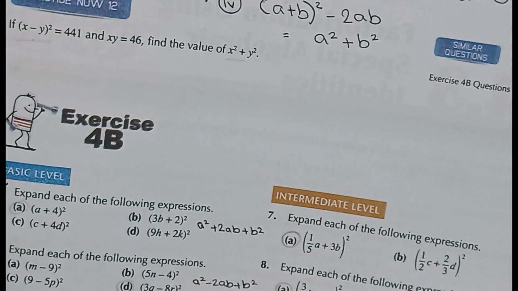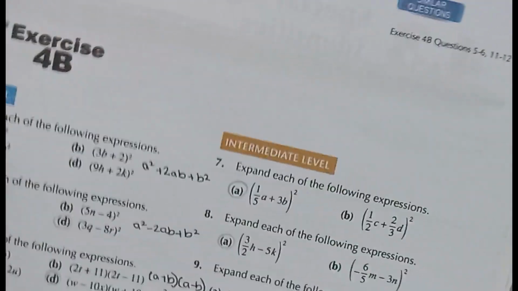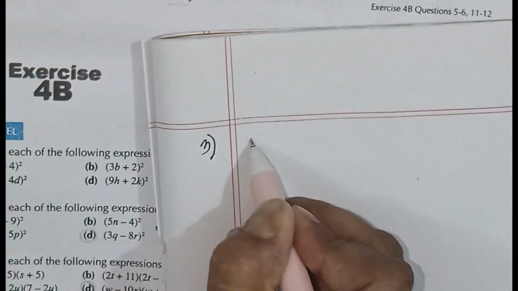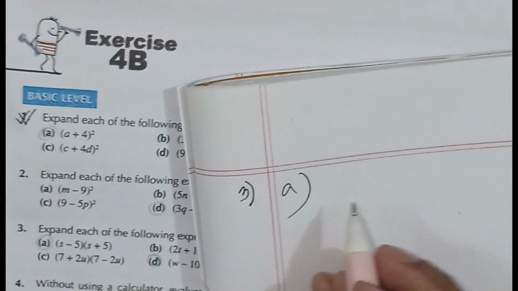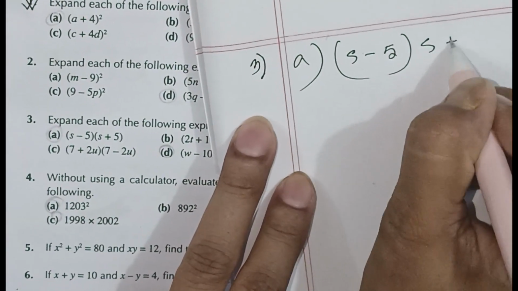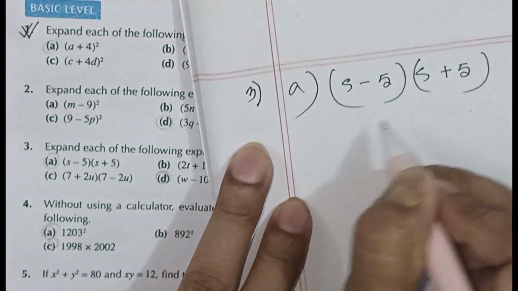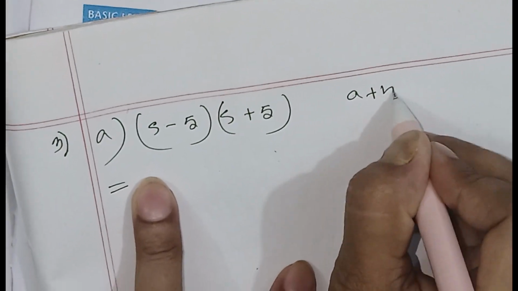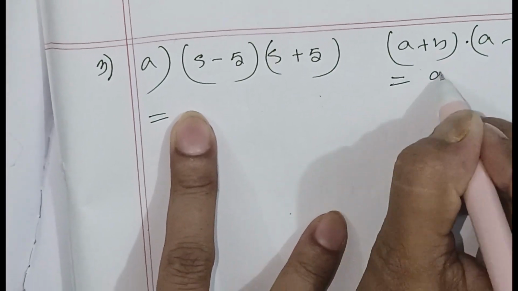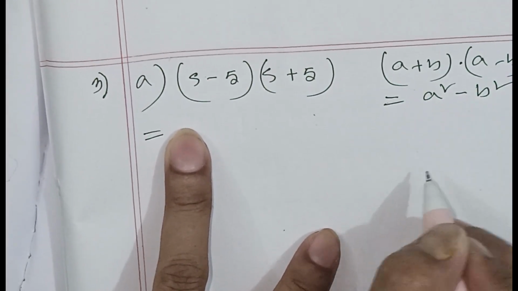Now question number 3. Expand each of the following expressions. (S minus 5)(S plus 5). That means this formula, (A plus B) into (A minus B), that means A squared minus B squared.